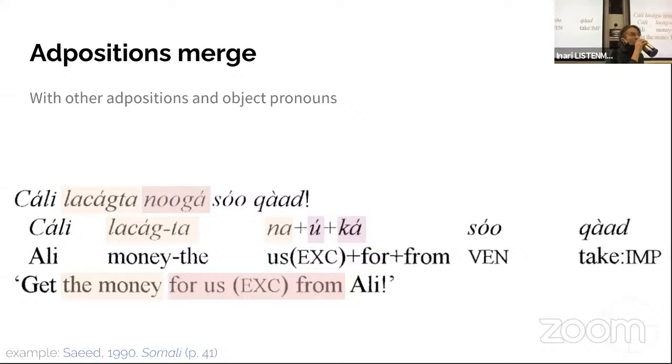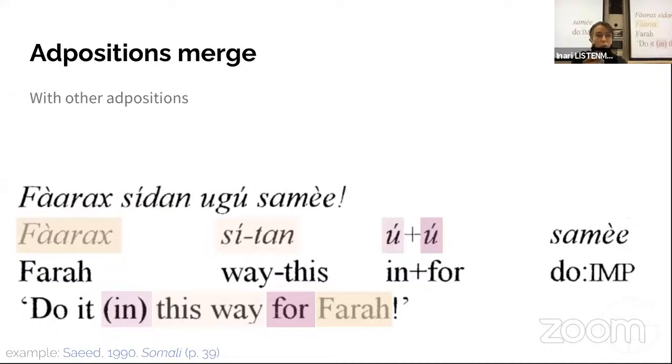Question: go back one slide, the ugu. When there's a combination of in and for, it will be ugu. Whereas if something is given by me for you, a by and for, it will become something else.